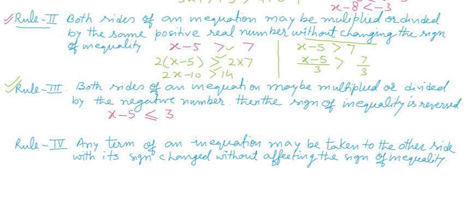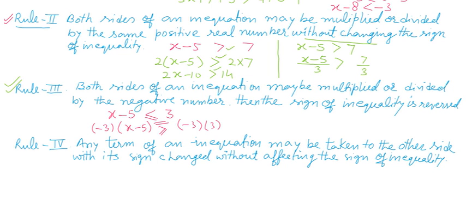If you want to multiply by minus 3, like this, minus 3 into x minus 5 and minus 3 into 3, then this sign will be reversed. Okay?